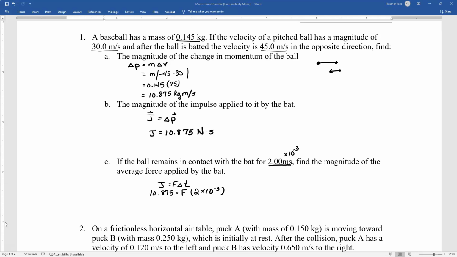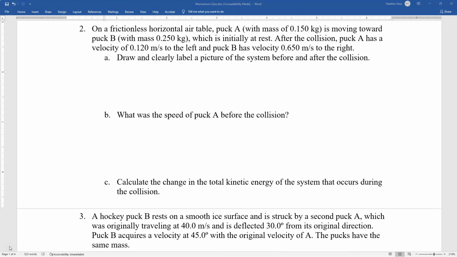So I'm going to take what we had before, divide that by 0.002. I'm going to get that the average force is 5,437.5 newtons.